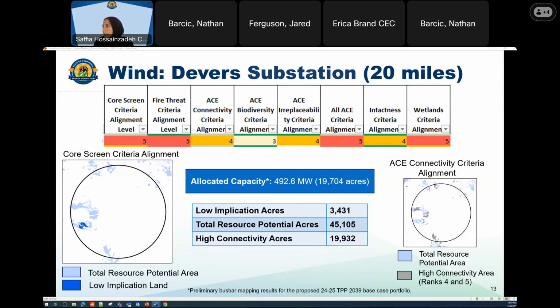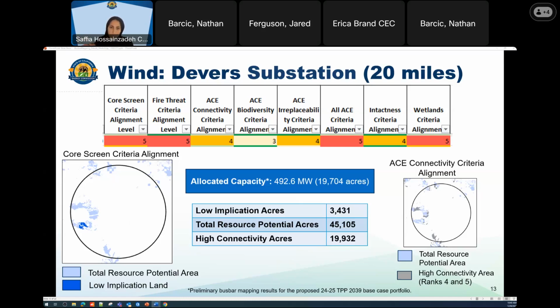So just to walk through the logic behind determining these scores, again, we have to look at the allocated capacity that's being considered for this region. And so this is about 20,000 acres.